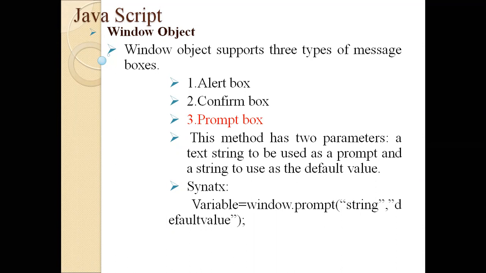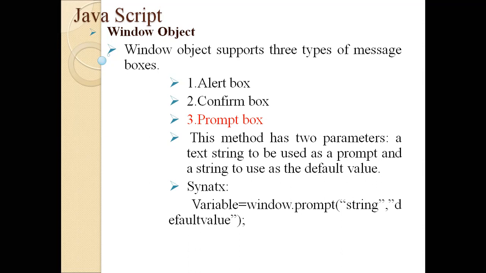When we want to create an alert box, we use window.alert and we pass some string inside window.alert as a parameter. And when we want to use a confirm method, we use window.confirm. Similarly, when we want to use the prompt method, we call it as window.prompt.